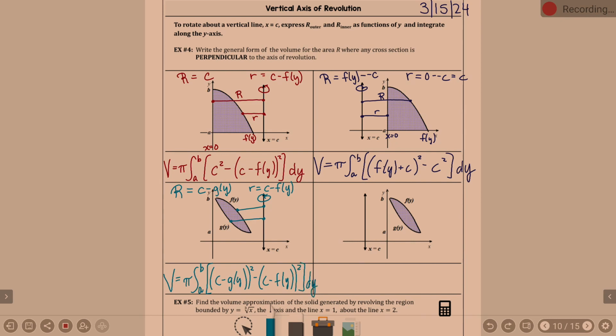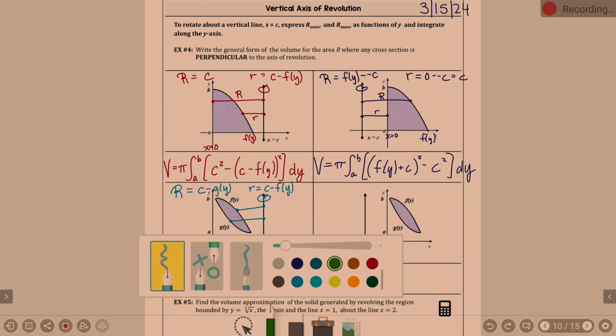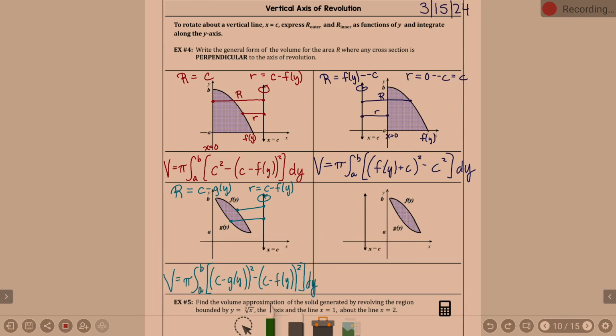With what feels like a bazillion parentheses in this one, just because f of y and g of y have parentheses, then you've got parentheses for the squares, then what I use as brackets for the whole big thing. Okay, one more. x equals c is over here for rotation purposes.